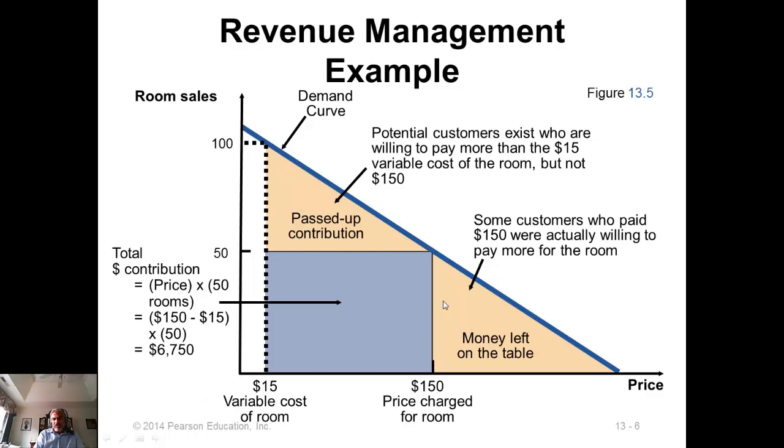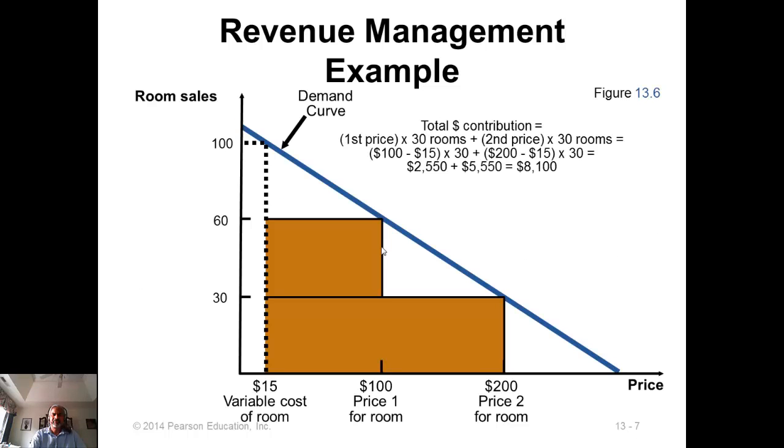So somehow, if we can bifurcate the prices, so maybe you can set up one price here and one price there, and try to collect that part of the money that's now being ignored into the revenue equation. Would that be beneficial? So that's what revenue management does. So here is an example. Suppose you have 2 price points.